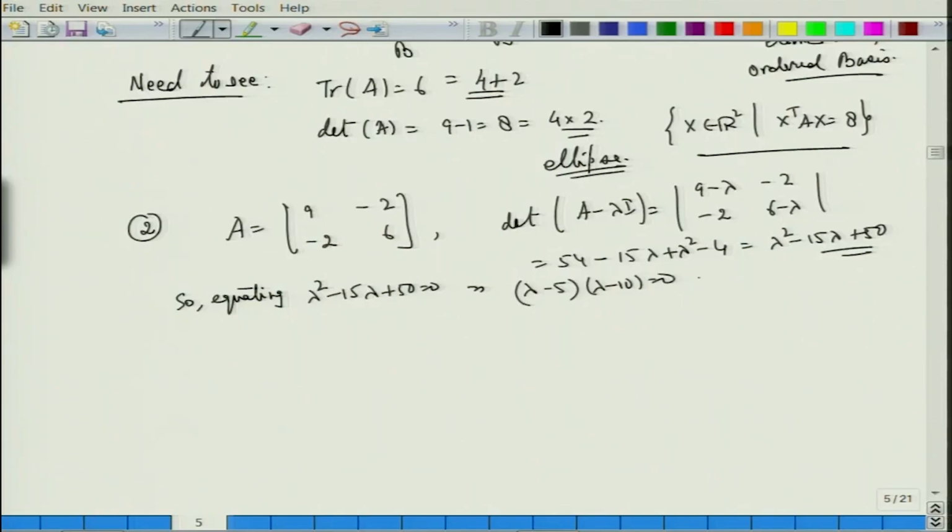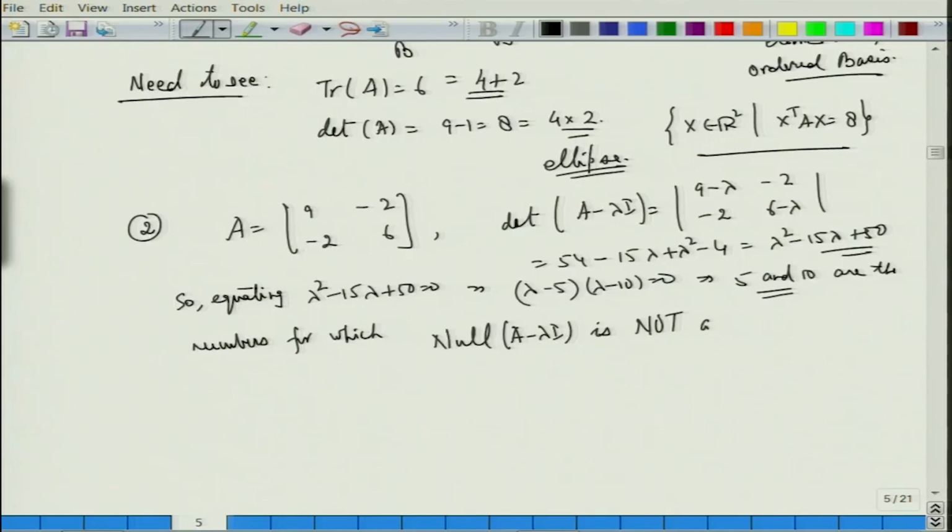So this implies 5 and 10 are the numbers for which the null space of A minus lambda I is a non-trivial subspace.